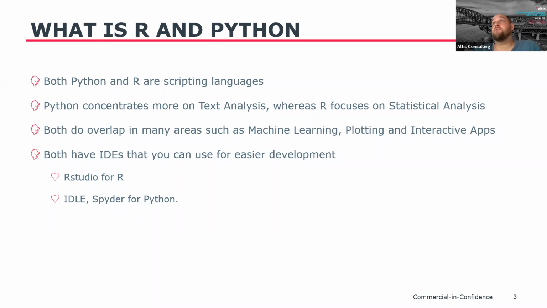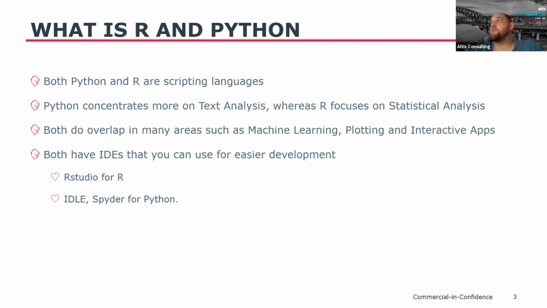So just a basic introduction of what is R and what is Python. They're both scripting languages, very high level, not designed for hardcore developers looking at very technical details. It's quite human readable, or tries to aim to be like that, so that it's a very shallow learning curve to get involved and start using the technologies. With Python, that concentrates more on text analysis. That's where it came from back in the day.